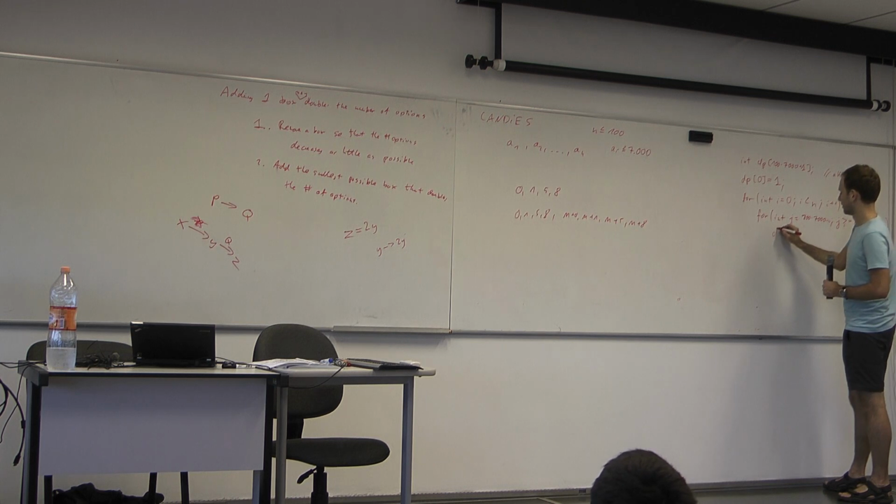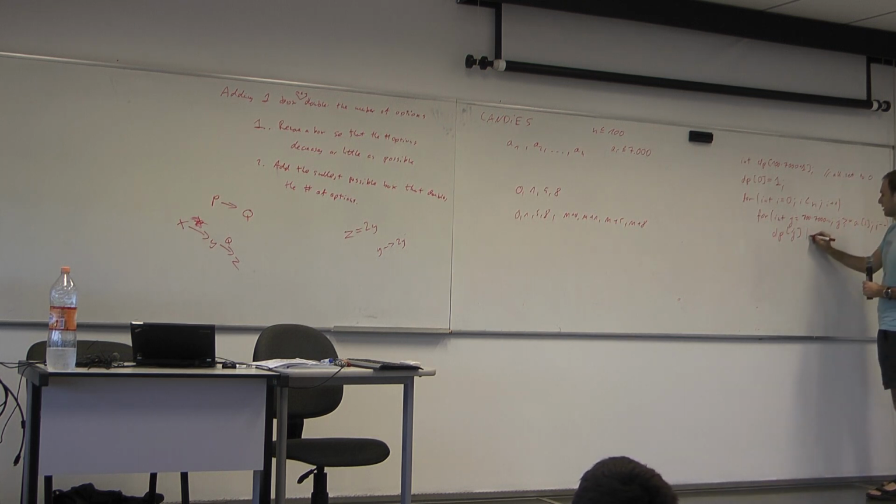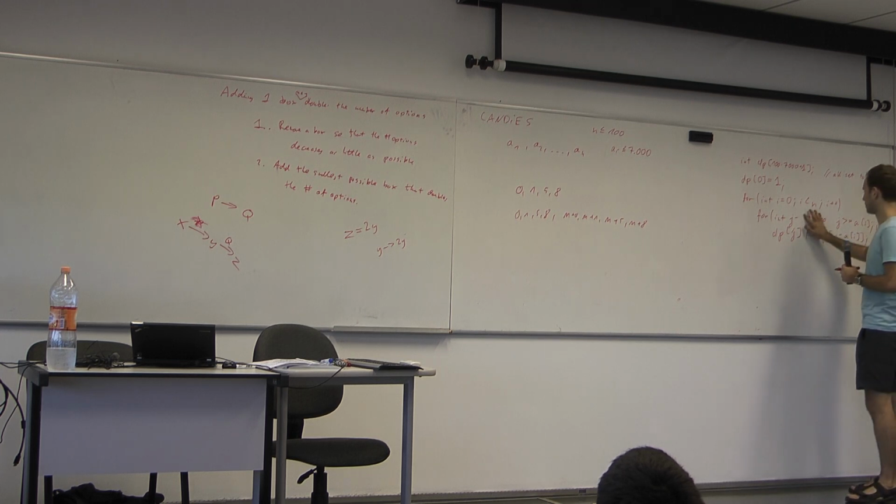So if dp of j minus a i is 1, then dp of j will also become 1. Now, here, this is 100.